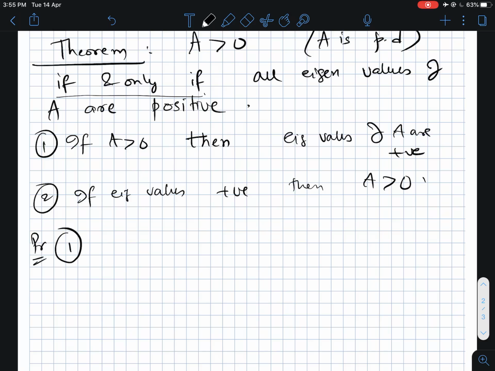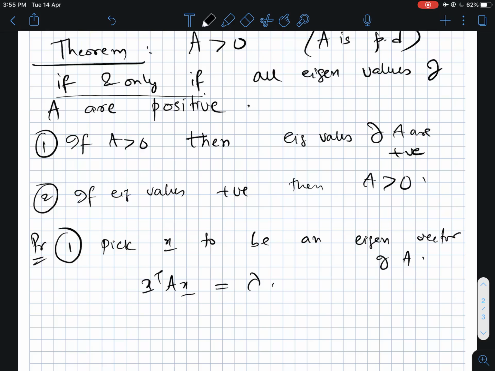To prove the first part, you're already given that A is positive definite, correct? What does that mean? No matter what x I pick, x transpose Ax is positive. So in particular, I can pick x to be an eigenvector of A. Then what is x transpose Ax?